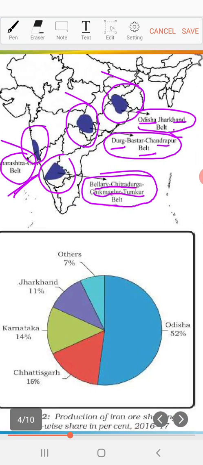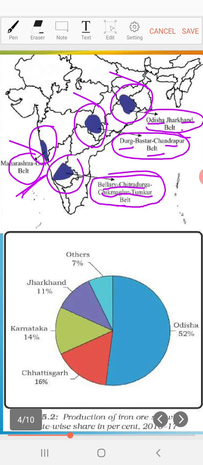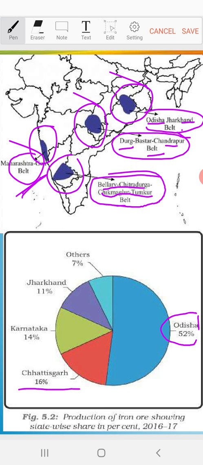Now let us see state wise which are the largest producer states of iron ore. Number one is Odisha with 52%, and this data is according to 2016-17. Chhattisgarh 16%, 14% is Karnataka, Jharkhand 11%, and 7% is by other states.